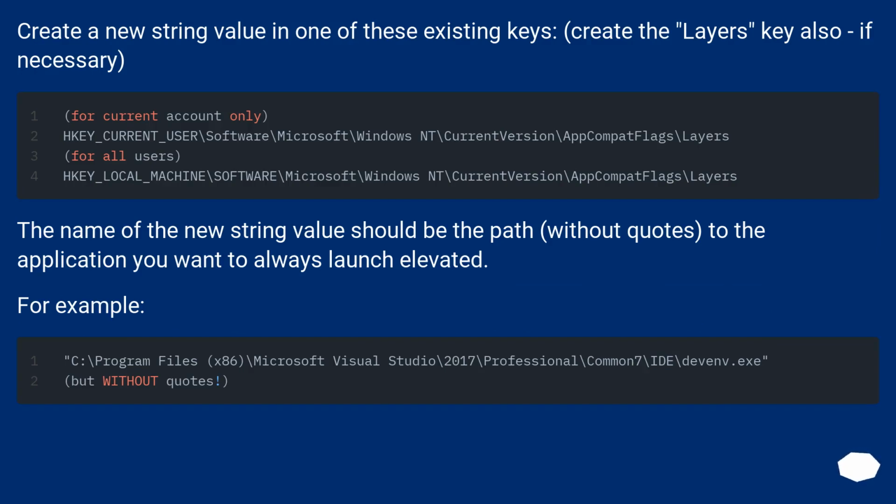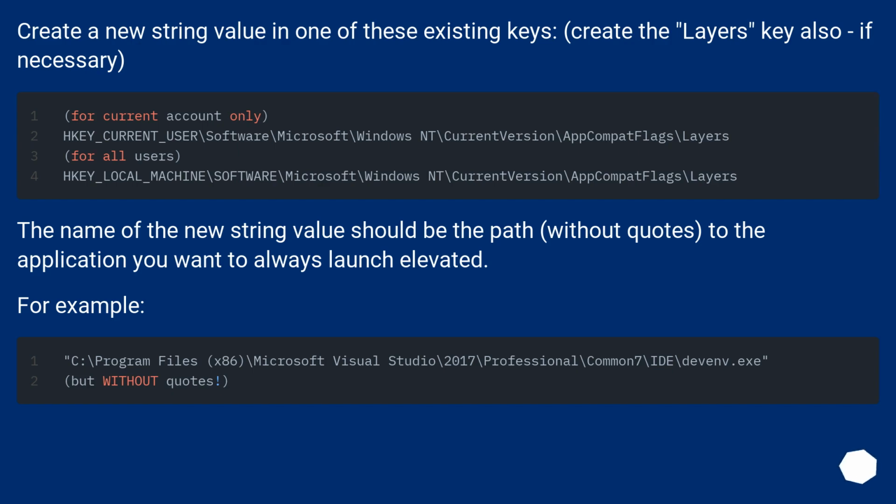Create a new string value in one of these existing keys. Create the Layers key also, if necessary. The name of the new string value should be the path, without quotes, to the application you want to always launch elevated.